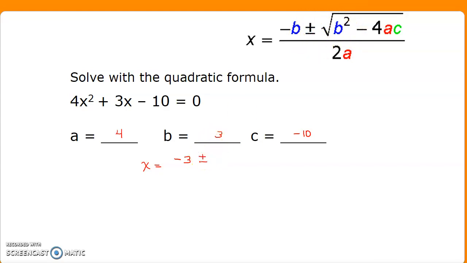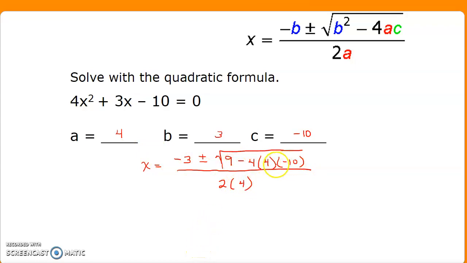So I have plus or minus the square root of b squared, so 3 squared is 9, minus 4 times my a value, which is also 4, times my c value, which is negative 10. That's a long radical, a lot going on in there, over 2 times our a value, which is 4.